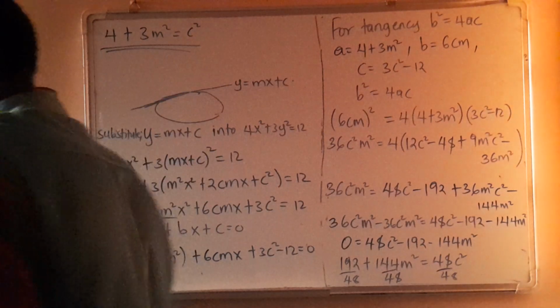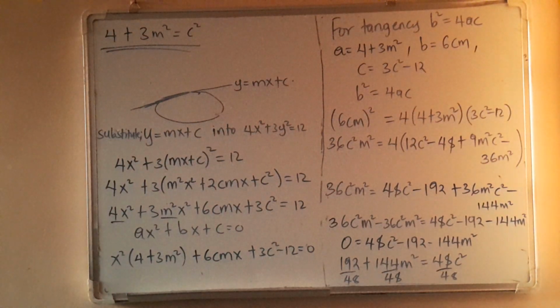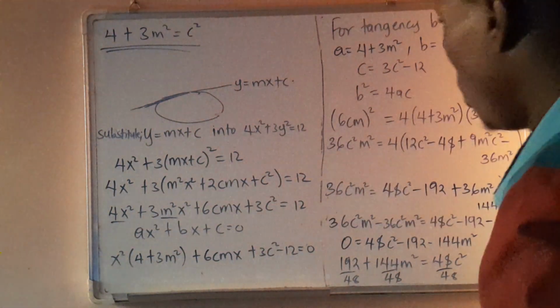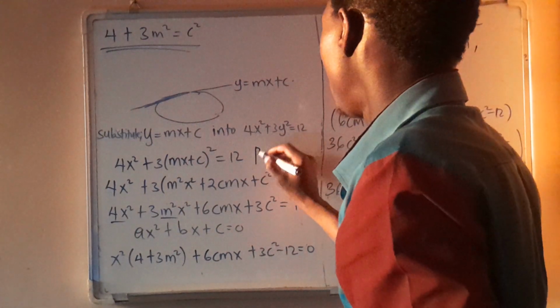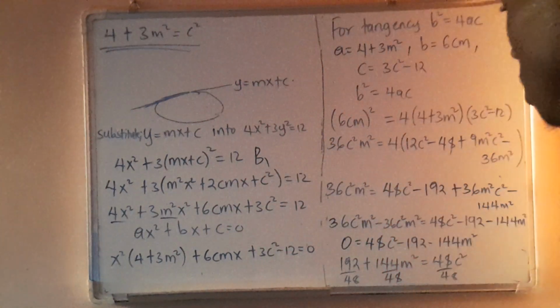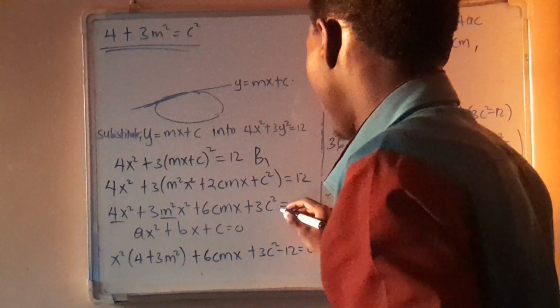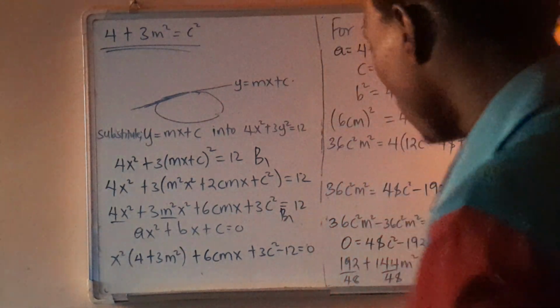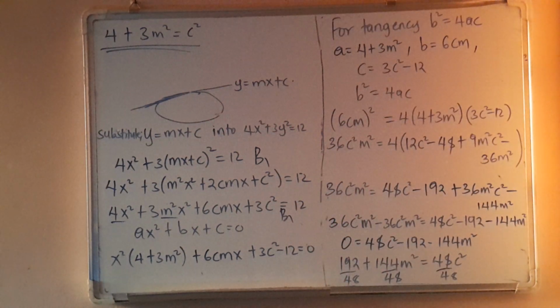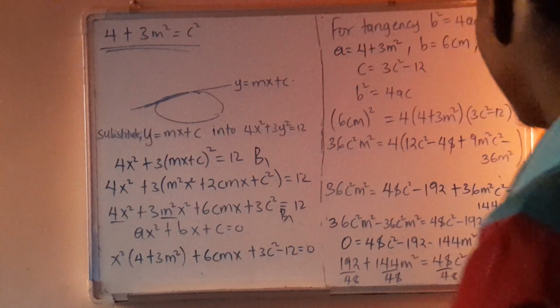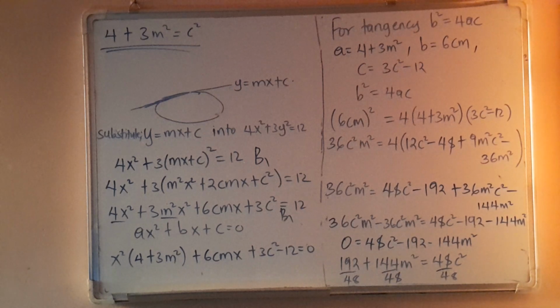And I think that was the required result. Let me check. It's 4 plus 3m squared equals c squared. So fundamentally, that is the solution. You will get 1 mark for substituting b. You also get another mark for simplifying and expressing it in terms of a quadratic expression.